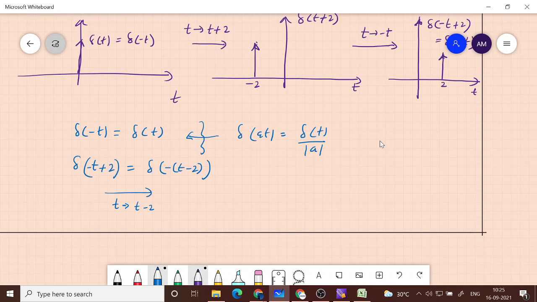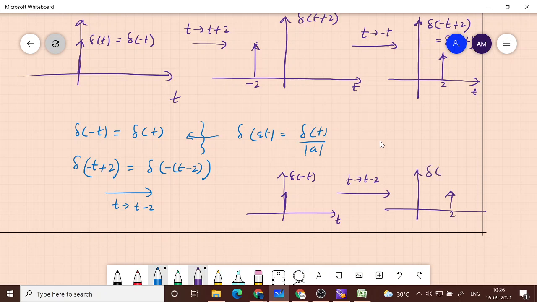If I draw it, I have delta of minus t here, which is the same as delta of t. Then I apply the transformation, t goes to t minus 2, which is this.